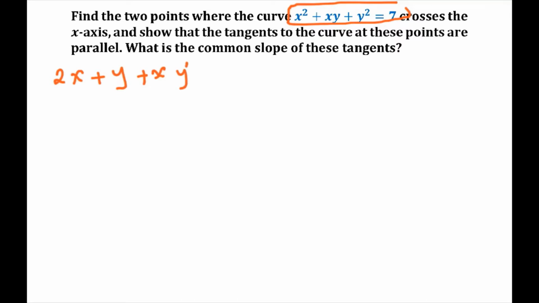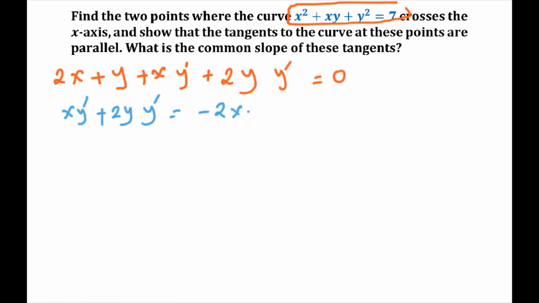And then the derivative of 2y squared is 2y y prime, equal to 0. So we get x y prime plus 2y y prime equals negative 2x minus y. Take y prime as a common factor, and then divide both sides by x plus 2y.